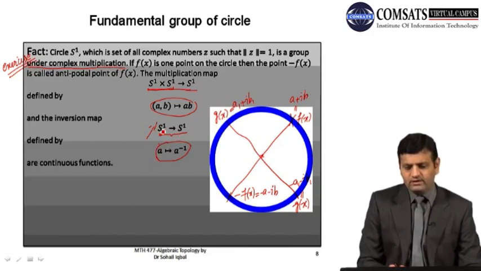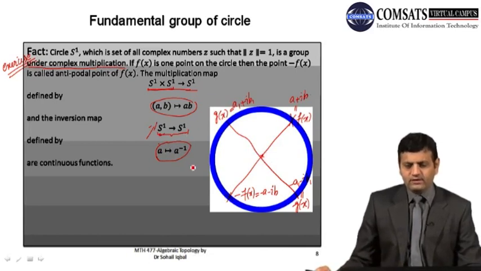This inversion map from S1 to S1 is a map between two topological spaces, so we can talk about its continuity, and the fact says that this map is actually continuous. So the multiplication and the inversion maps are continuous maps in the group of the circle of radius 1.